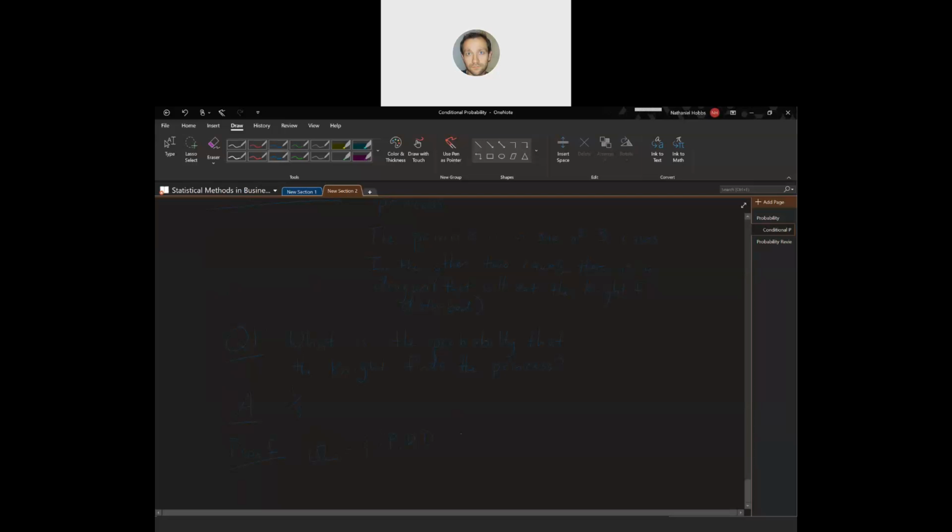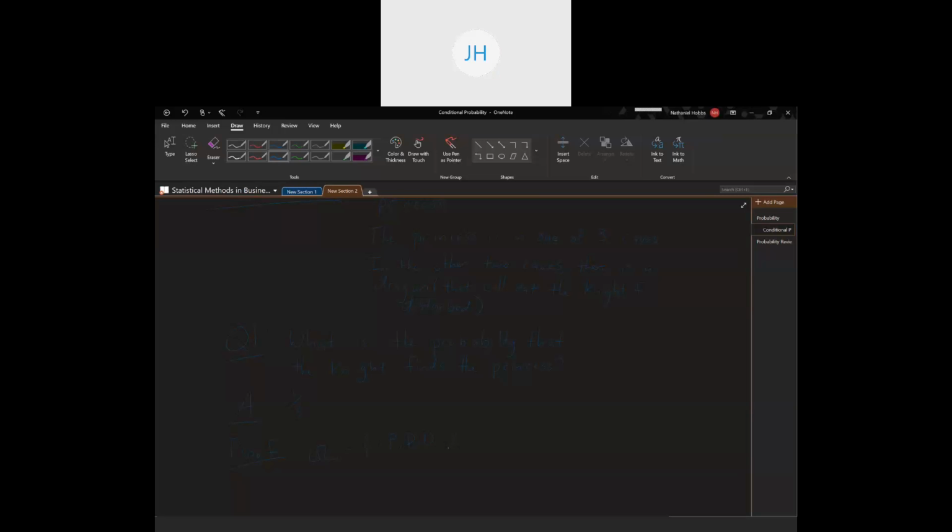Okay, and what's another possibility? What would be the other possibility? Isn't that the set of all outcomes or whatever?